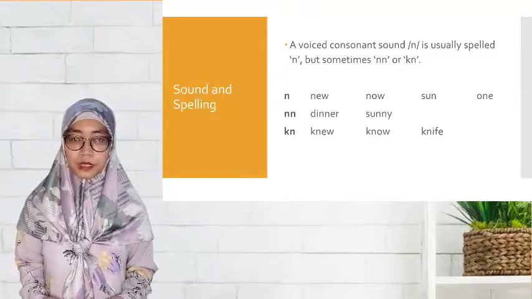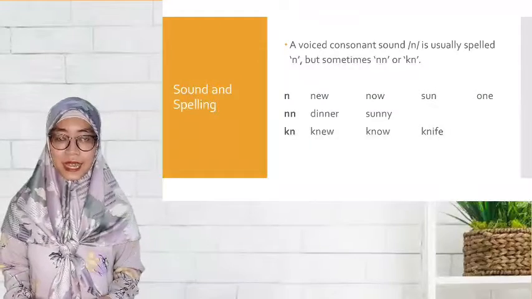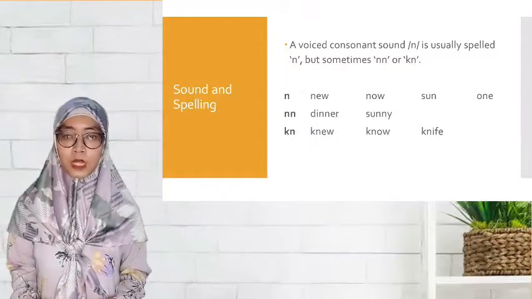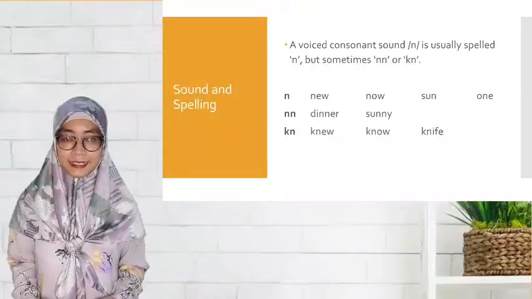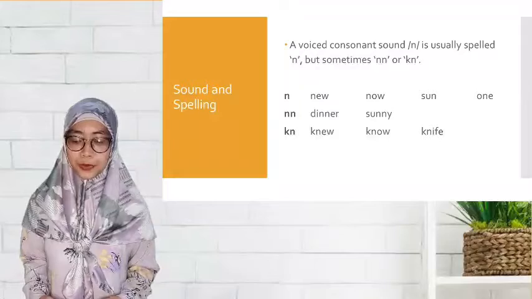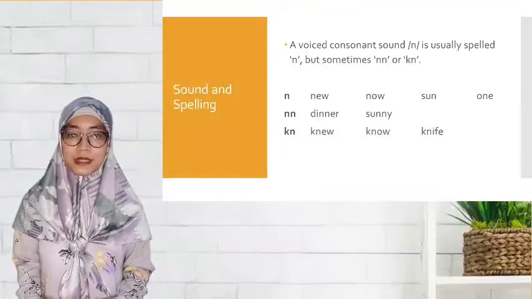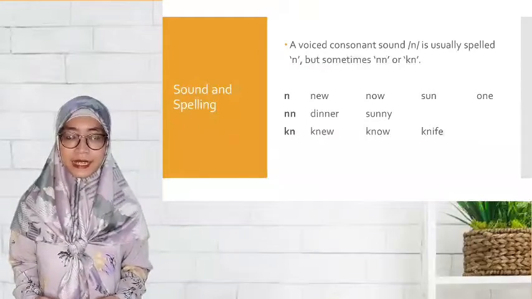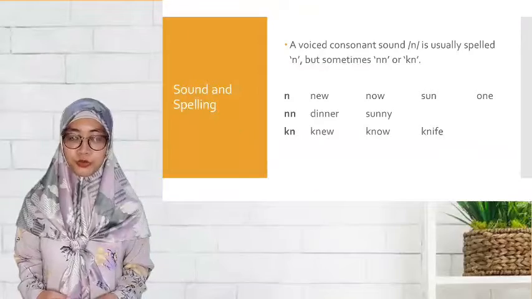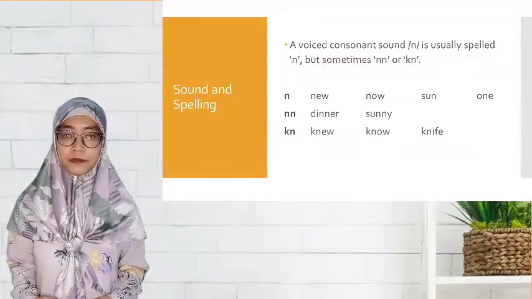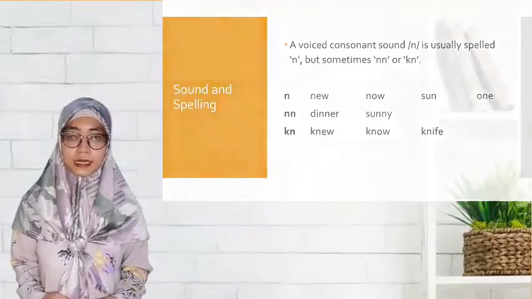For example, in the words new, now, son, and one, the n sound is spelled using the letter N. But in the words dinner and sunny, the n sound is spelled using double N letters. Meanwhile, in the words knew, know, and knife, the n sound is spelled using K and N letters.